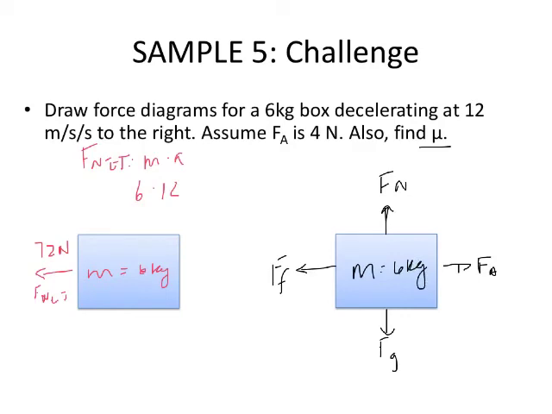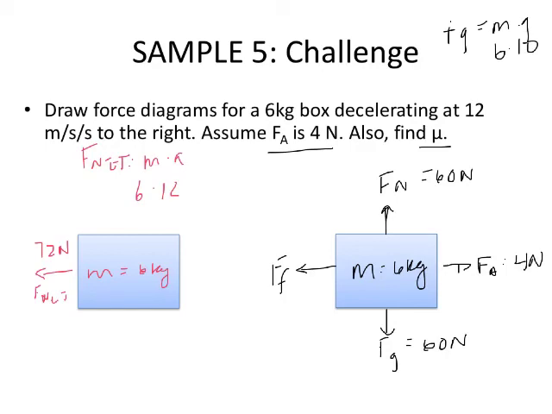We know from the problem, FA is 4. We can find F sub G by doing mass times gravity. So these are 60 newtons. Okay, and for this one, to find force of friction, we need to use our net force.